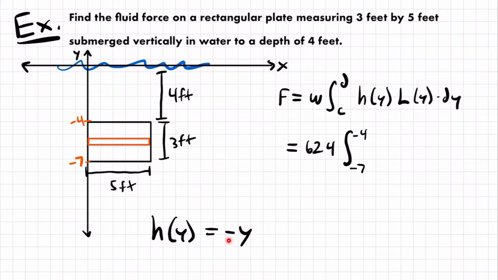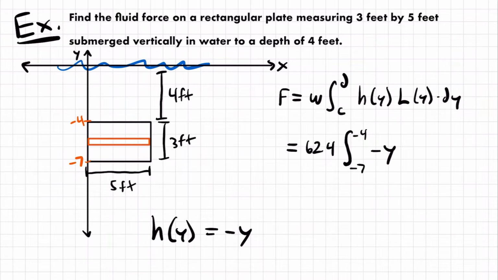And so now we can replace -y for h of y in our definite integral. So we will have -y, and then we want to multiply that by the length in terms of y. And so that's going to be the length of our rectangles, or the length of our surface. Now notice in this case that the length for all of the rectangles that we could draw between the two depth values will have the same length. Our surface is a rectangle, and so the length is going to be constant throughout the entire surface.